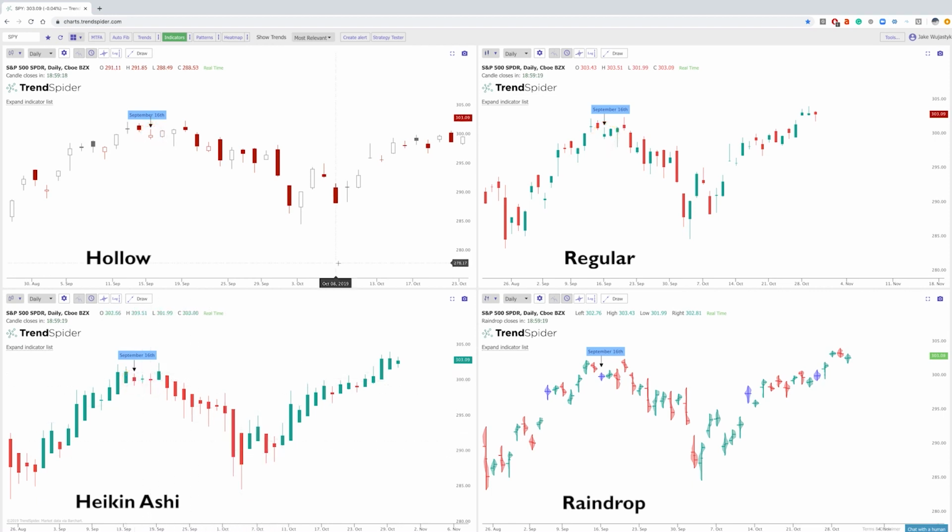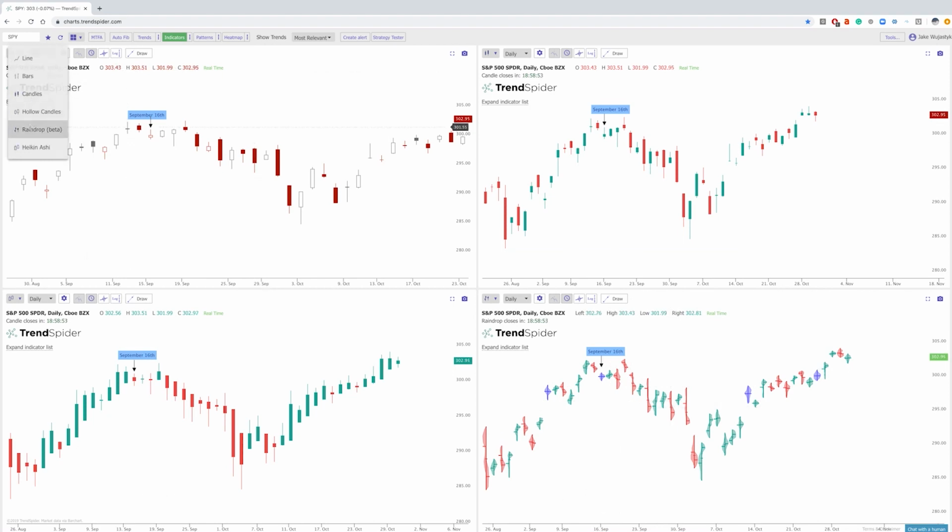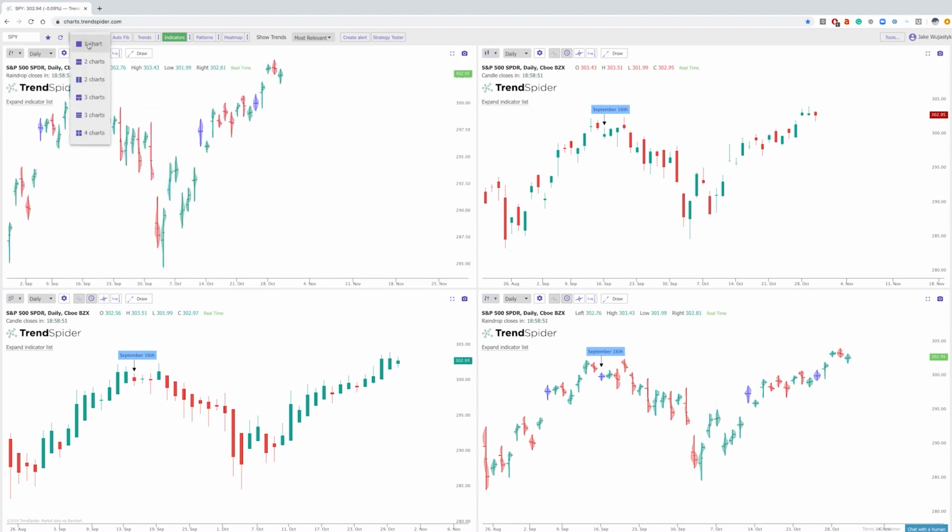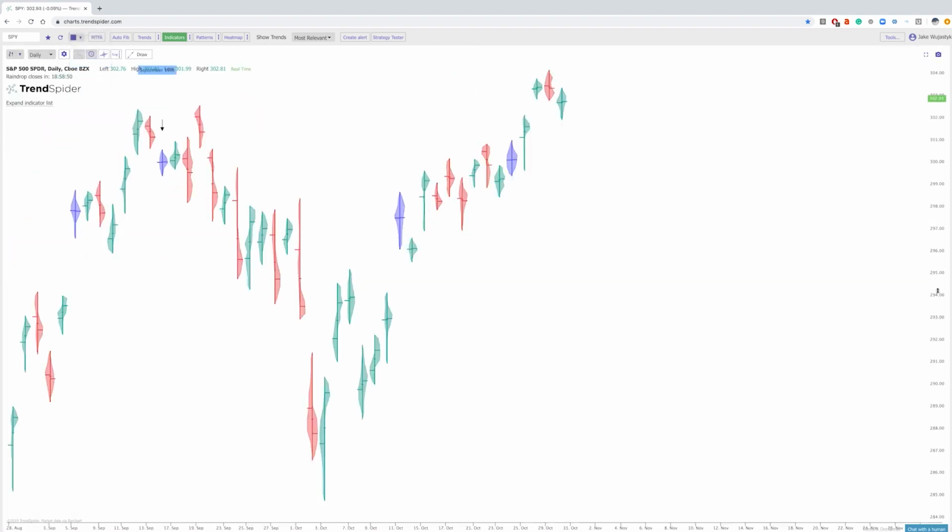Now, the thing about all three of the candles that we just went over, these candlestick charts are based on price: open, close, high, low, that type of thing. In this case, our last chart that we'll be going over, this is a volume-based candle. So if we dig into the Raindrop, which is the volume-based candle, you'll see something that's very different than the other candles.